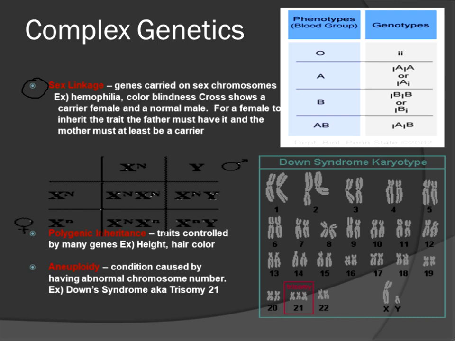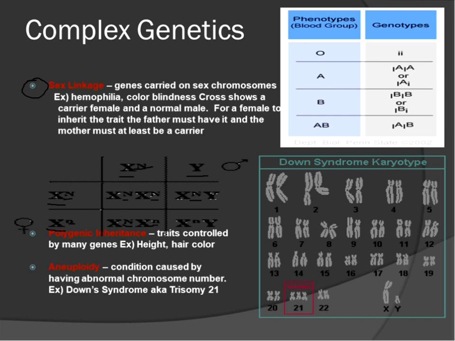Also, sex-linked traits is another example of complex genetics. Anytime you do a sex-linked trait, you always fill out the male and female first. Male is X, Y. Female is X, X. After that, you fill out the genetics behind it.